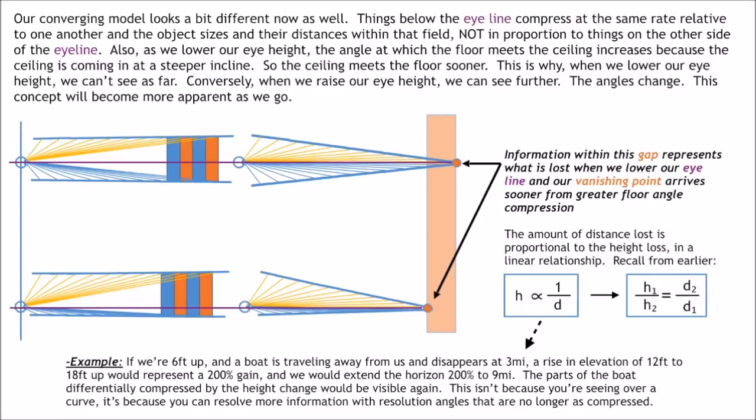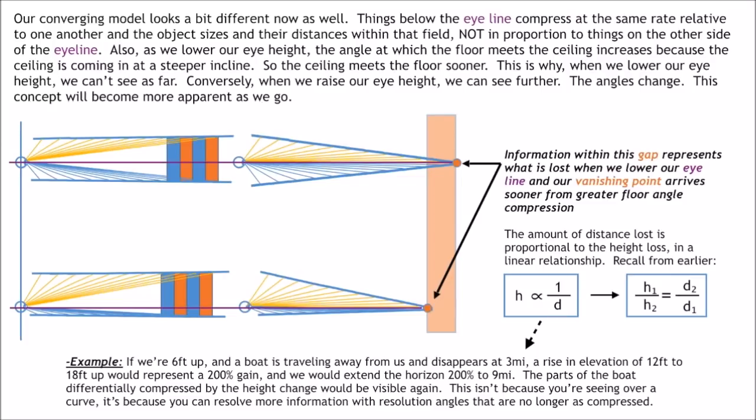So recall from earlier that the height was inversely proportional to the distance, and h1 over h2 equaled d2 over d1. And here's an example of this relationship. If we're 6 feet up and a boat is traveling away from us and disappears at 3 miles, a rise in elevation of 12 feet to 18 feet up, so we're adding 12 feet to our 6 foot elevation to now 18 feet, would represent a 200% gain, and we would extend the horizon 200% to 9 miles, again 1 to 1.